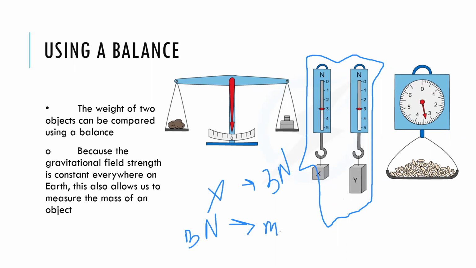So mass is something which is not given here, but what we have is the acceleration due to gravity, which is 9.8, that is constant all over. So the mass of the object would be equal to 3 newtons divided by 9.8. So that would be the mass of the object, and it would be in kilograms.